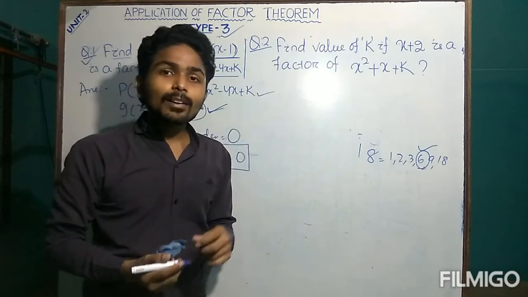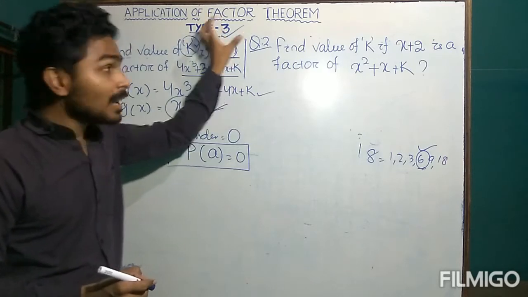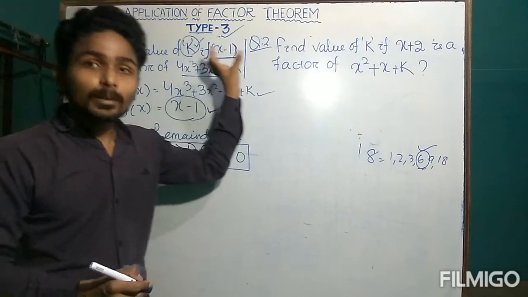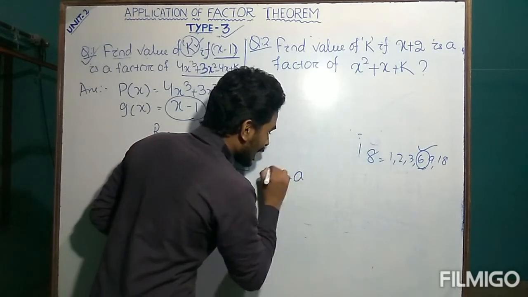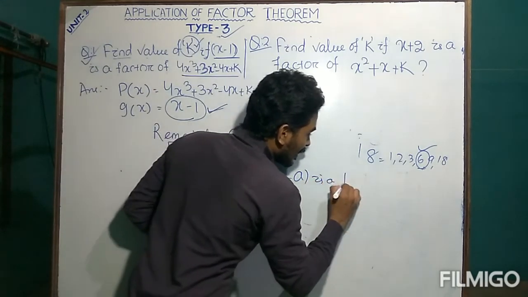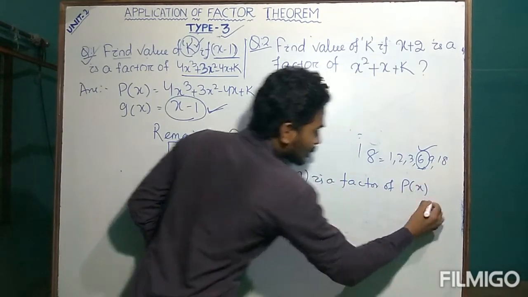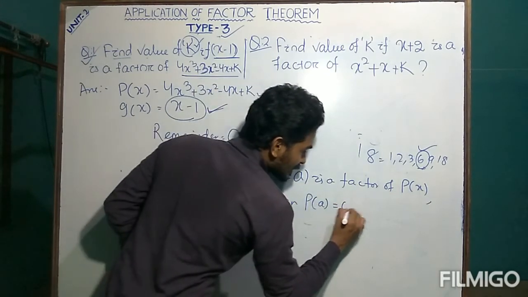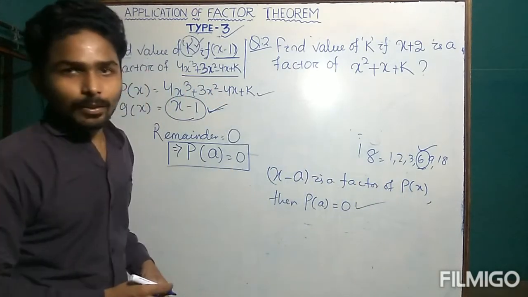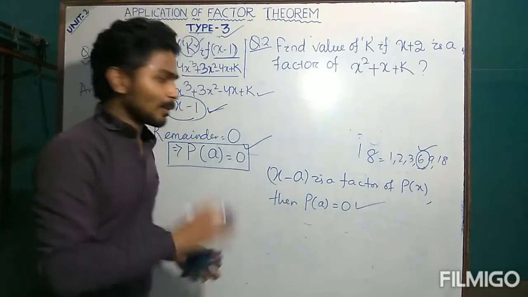In statement 1 of the factor theorem, it is said that if some polynomial is a factor of another polynomial, that means if x minus a is a factor of p of x, then p of a is equal to 0. This is the first statement of the factor theorem. So similarly, we get the value of the remainder to be 0.